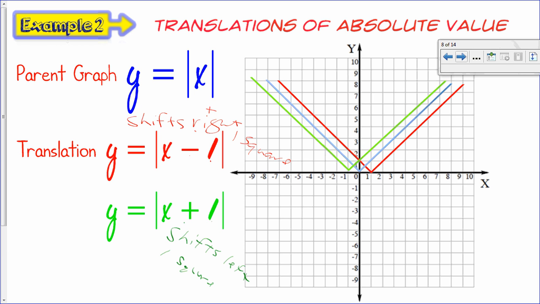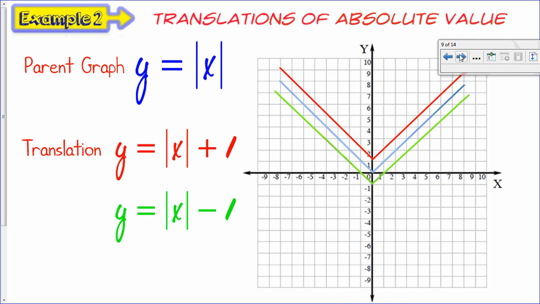Guys got it? If it's outside, at the end of the absolute value, then it shifts up 1 square. Now, if that were 2, it shifts how many squares? 2. You guys get that, right?